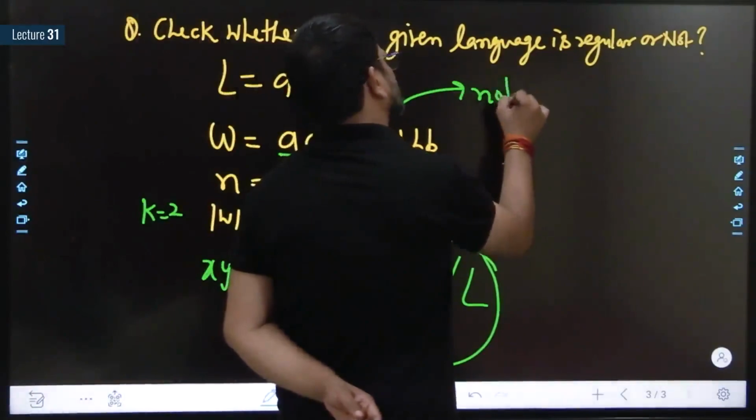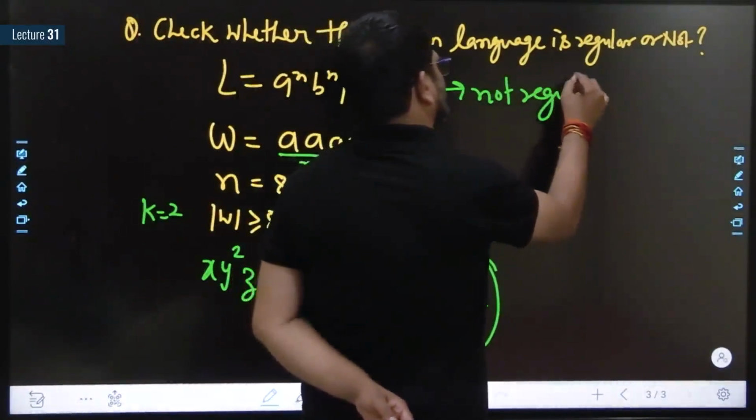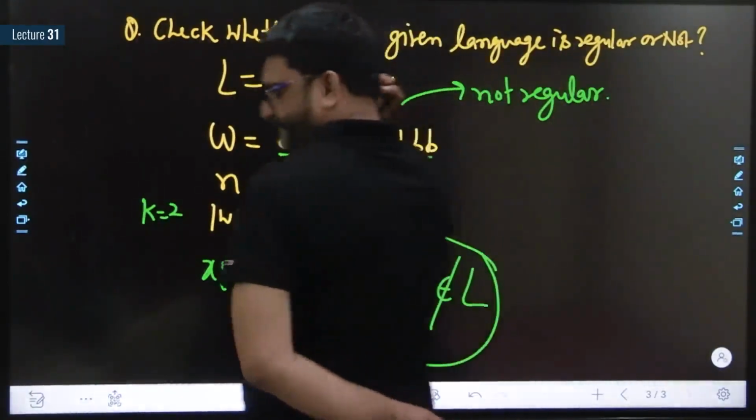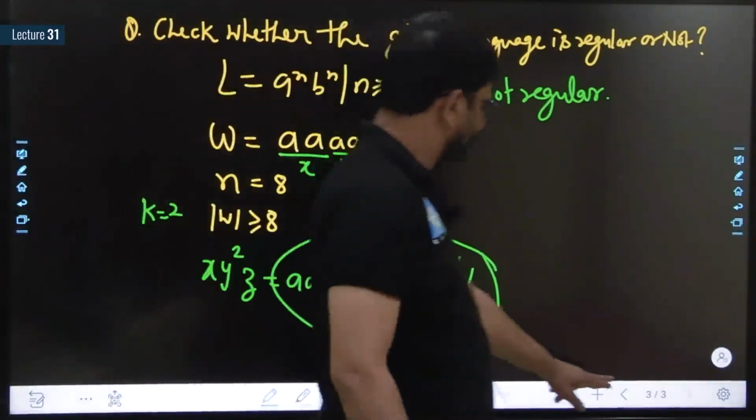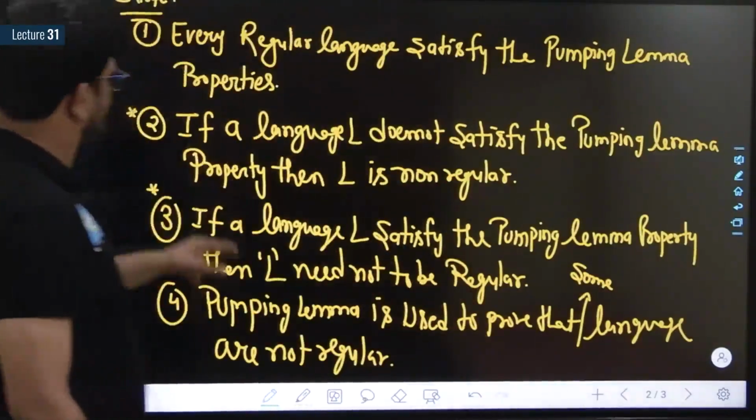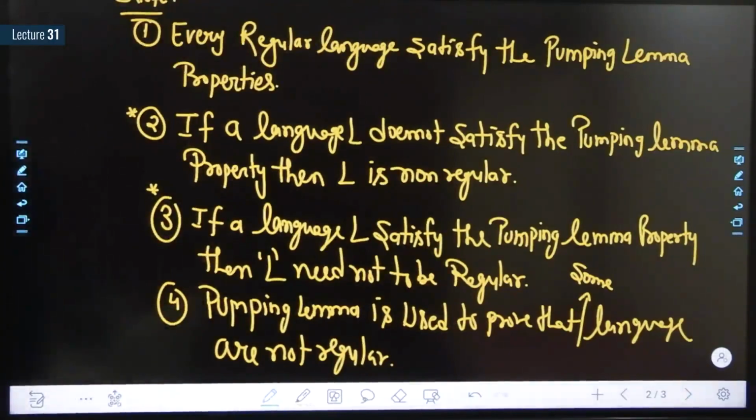Not regular. Clear? This is the pumping lemma. Check once. Read these notes carefully.